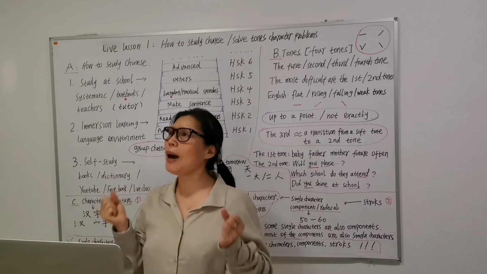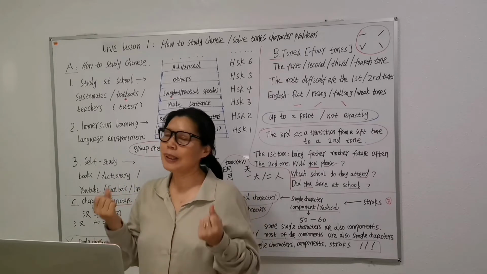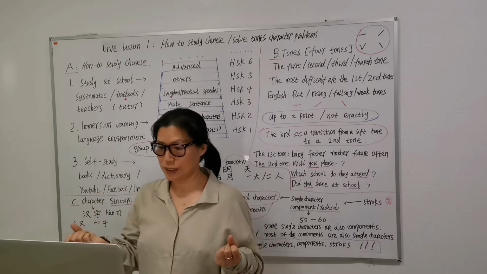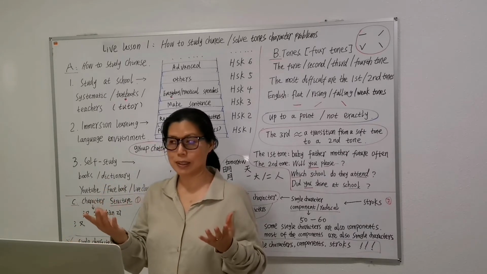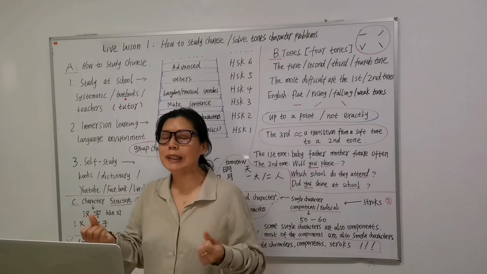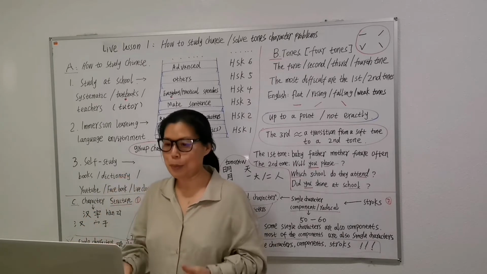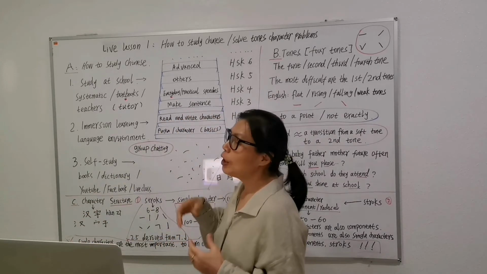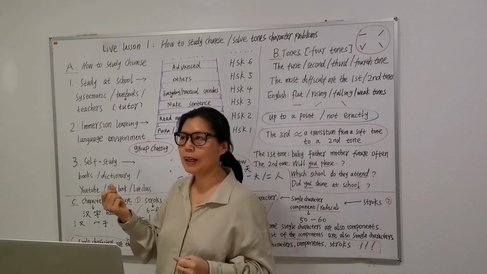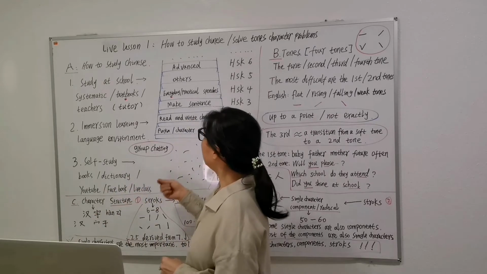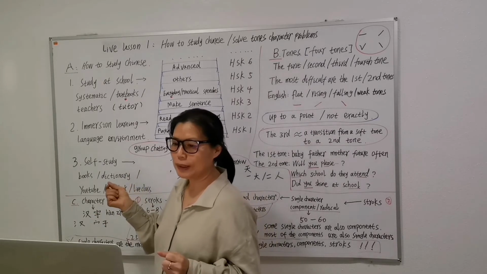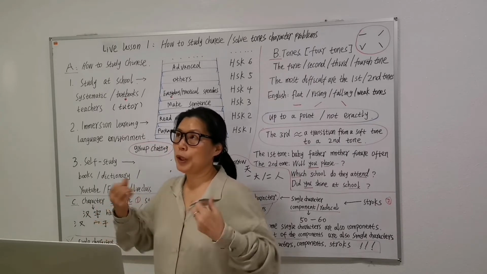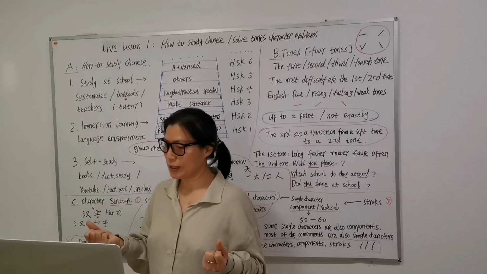To sum up, learn any language, of course learn Chinese, you must study in a systematic way. Now that you know this, I hope you later study in a systematic way. I believe you will make quick progress.